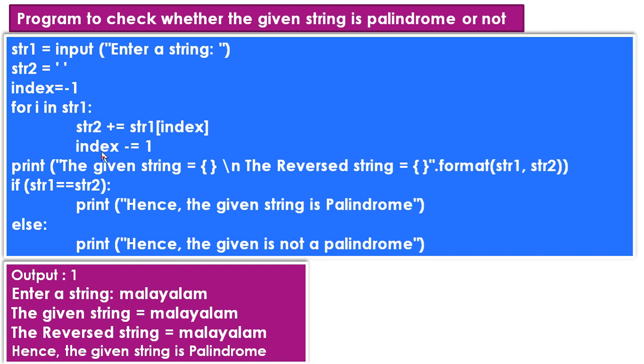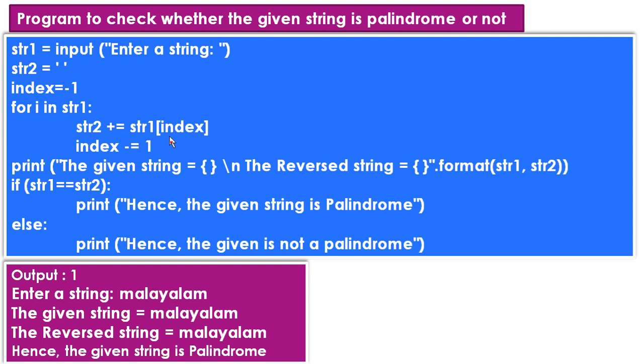In this for section, for i in str1, the first i is M. str2 equal to str2 plus str1 of index.